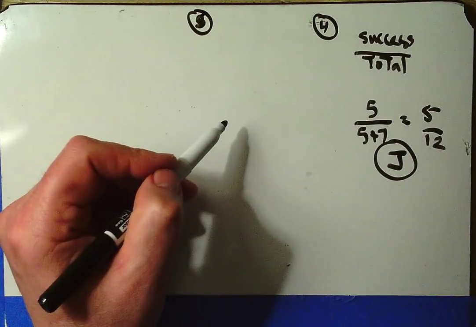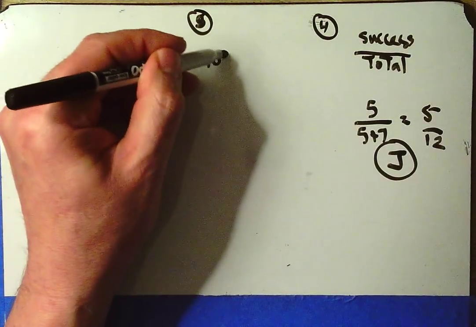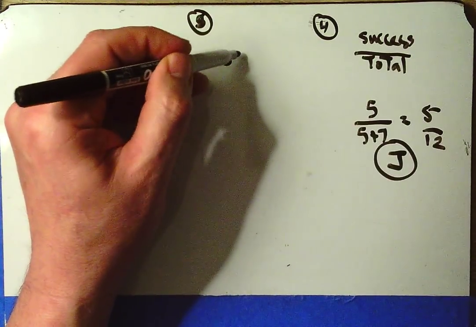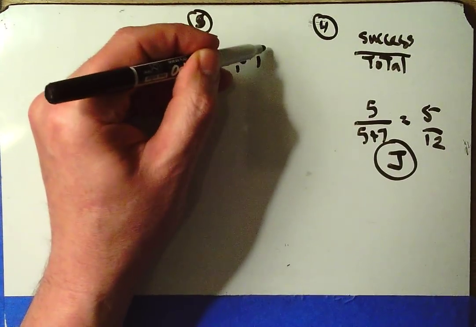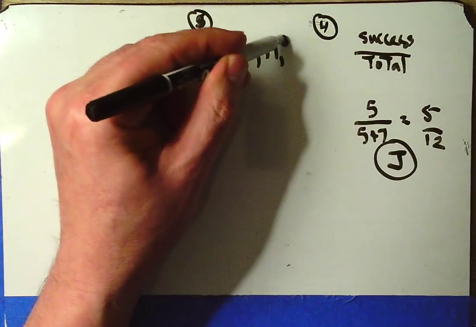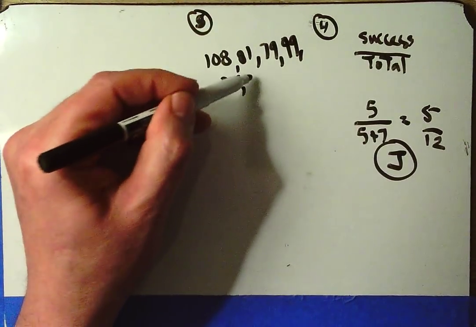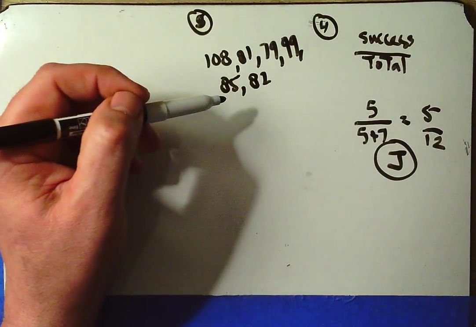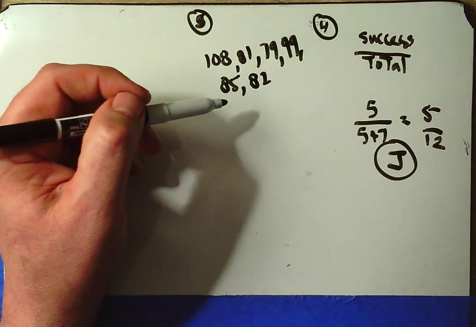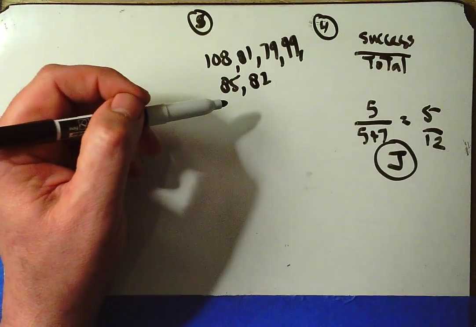5. 5 says, in the spring semester of our math class, Katie's math test scores were 108, 81, 79, 99, 85, and 82. What was the average of her test scores in the spring semester?